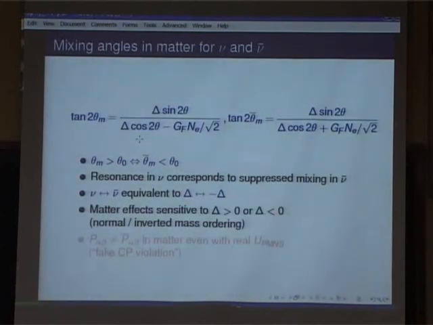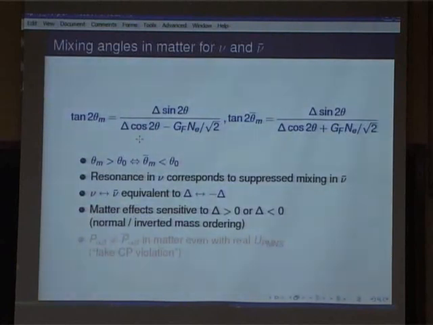So what to do? Do an experiment where you determine what happens to neutrinos, what happens to antineutrinos. Look at which seem to give you larger mixing angle. If neutrinos give you larger mixing angle, then delta is positive. If antineutrinos give you larger mixing angle, delta is negative.